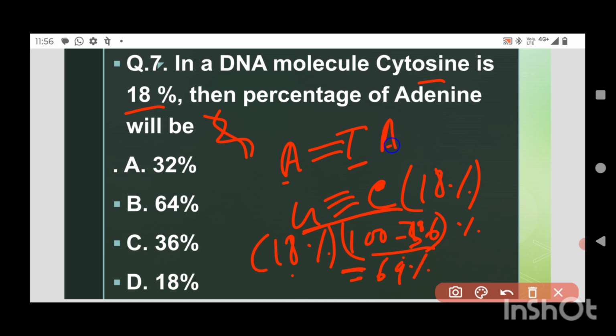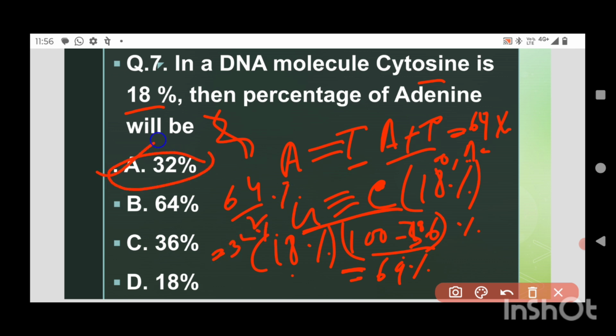So A plus T collectively make up 64%. Individually, the A percentage will be 64 divided by 2, equal to 32%. So A is the correct answer, 32%.